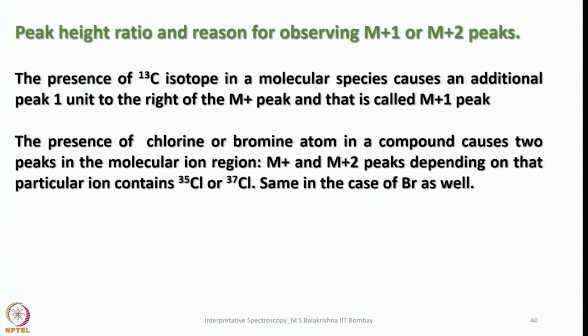The presence of chlorine or bromine atom in a compound causes two peaks in the molecular ion region, that is M+ and M+2 peaks, depending on whether that particular ion contains 35Cl or 37Cl. Same is true in the case of bromine as well. So when we have halides, we can anticipate M+ and M+2 peaks, depending upon whether we have 35Cl or 37Cl, or bromine also, with a difference of 2 units.